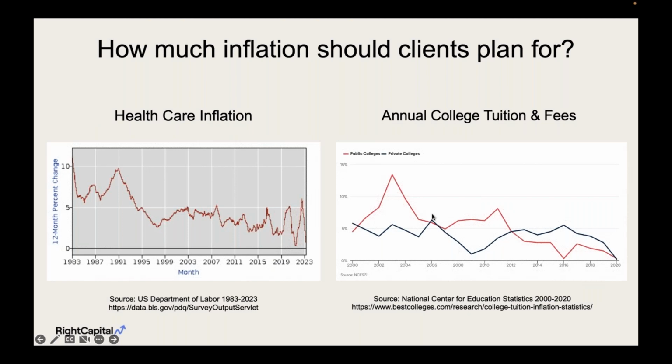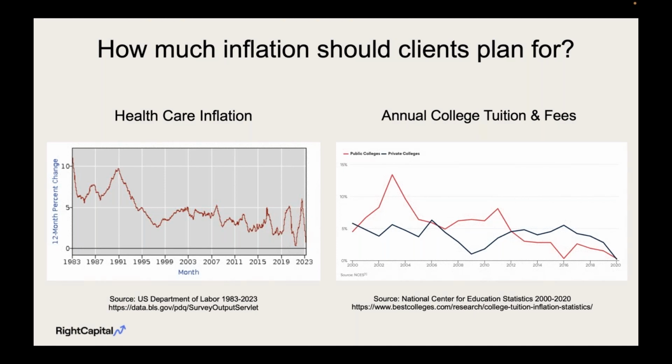As well, we do, of course, have those variables of healthcare cost inflation and annual college tuition and fees for your clients in Right Capital and for your clients in general. So we do increase these by default in Right Capital to around 5% annually.